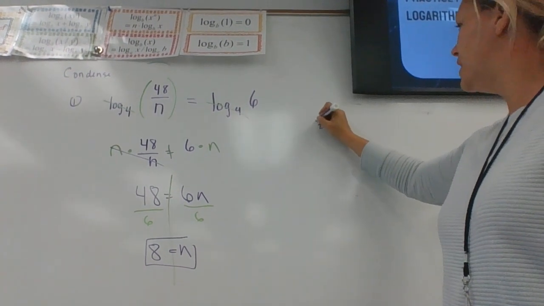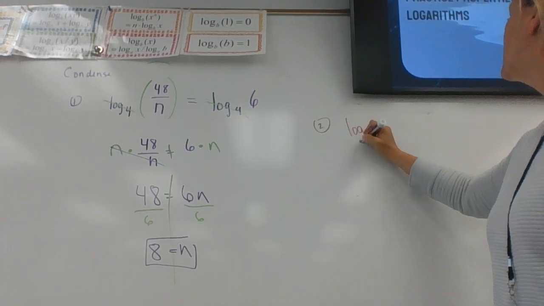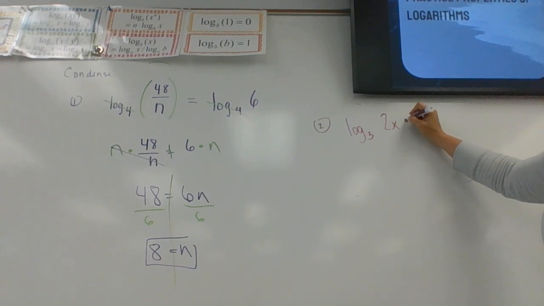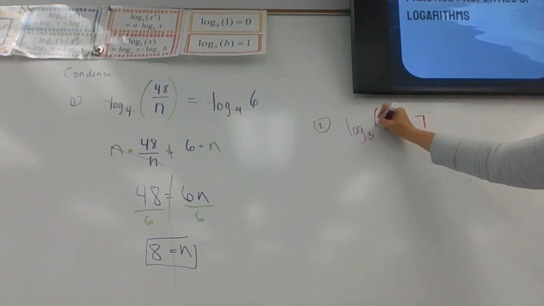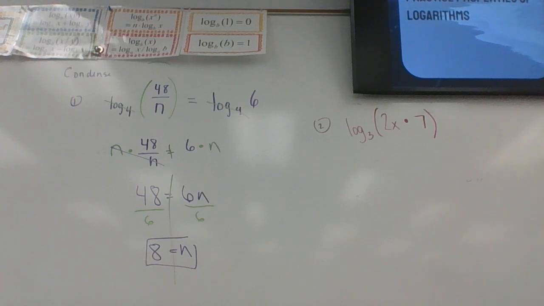So number 2, I would rewrite it log base 3 of 2x times 7. I don't need both those logs in there. I can just multiply those arguments.